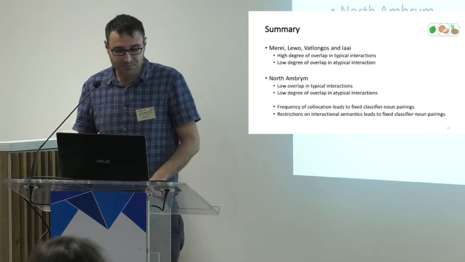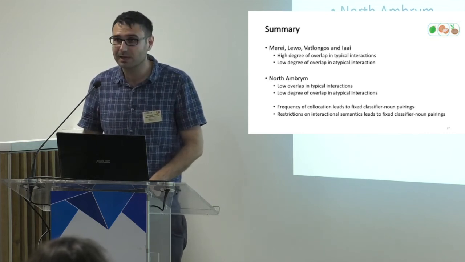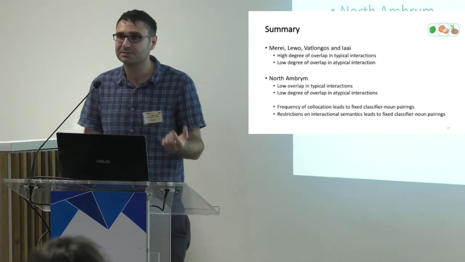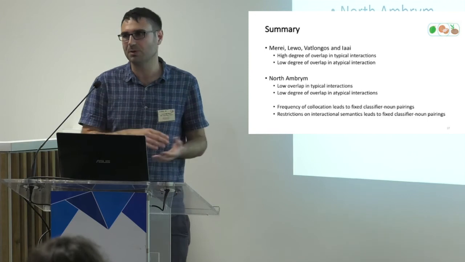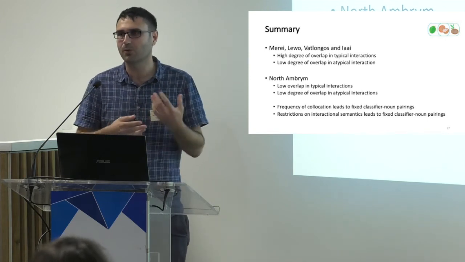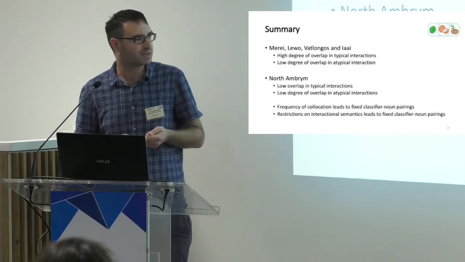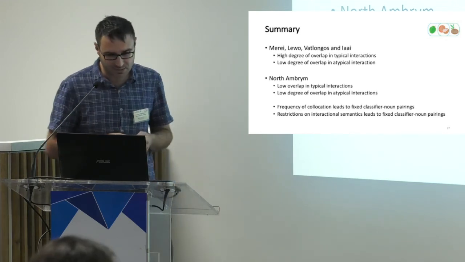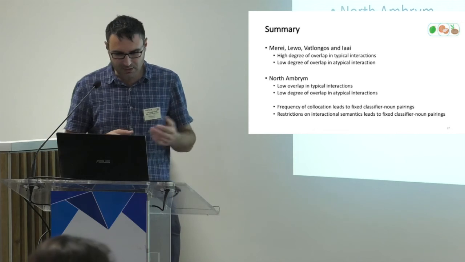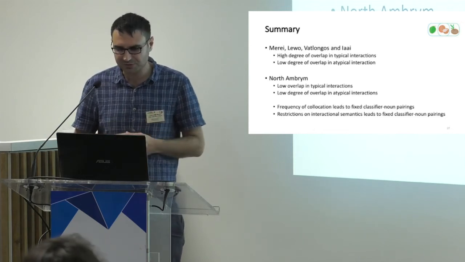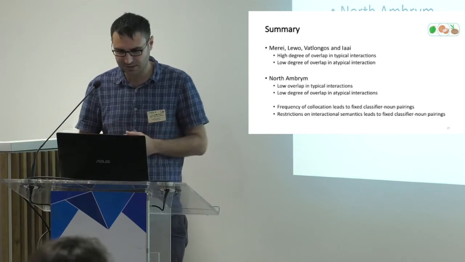We don't have the answers yet, but we do think it's probably a frequency of collocation. So if we're looking at corpus counts between classifier and noun, if you're always talking about your pigs in an edible context, that's why you're always going to get the edible classifier, and they've become sort of fixed. And there's probably some sort of restrictions on different interactional semantics that lead to this fixed classifier-noun pairing.